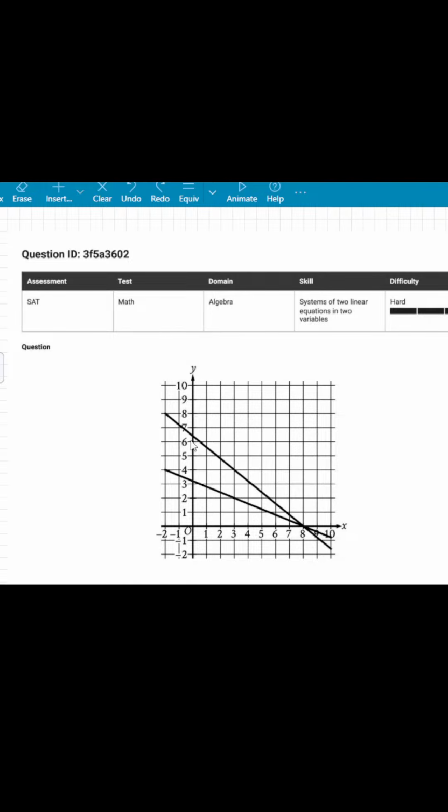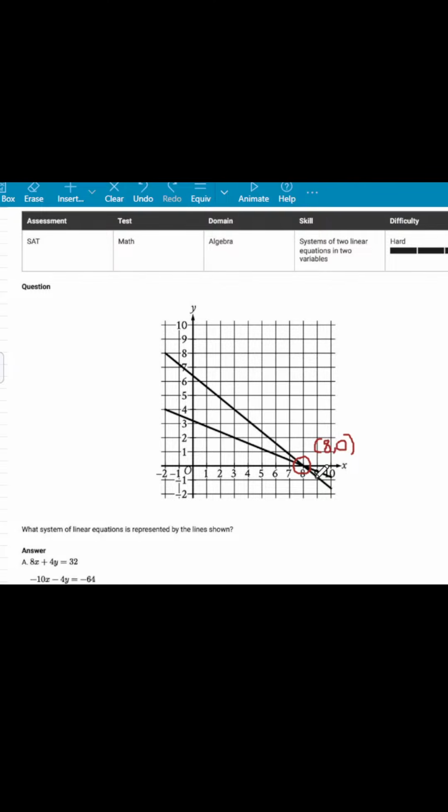If you get 2 points, then you can derive the equation of each of the lines. So first is this point. This is 8 comma 0. Both the lines pass through this. They intersect the x-axis at the same point, 8 comma 0.